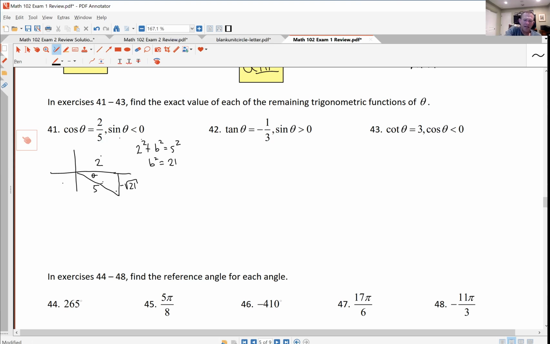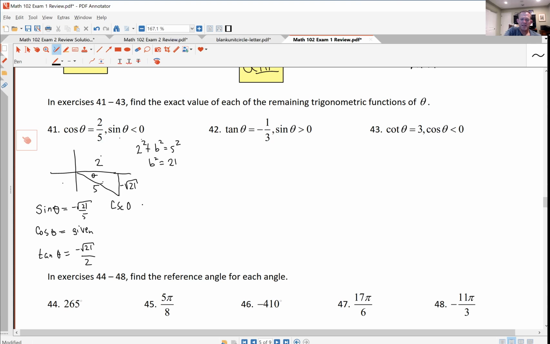Now we can find the sine of that angle. It's the opposite, negative root 21 over 5. The cosine of theta, well, I usually just write given. The tangent of theta is the opposite over the adjacent. Now the reciprocals are always the easier ones to do because you already have these staring into the face.